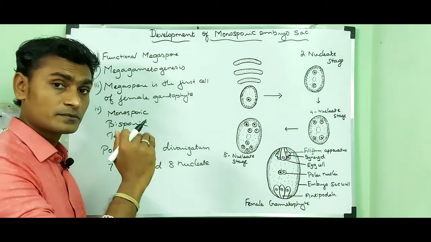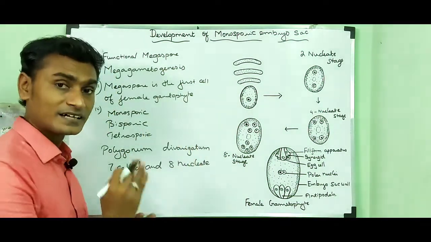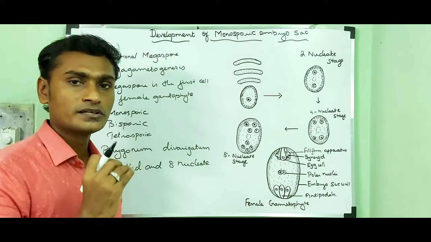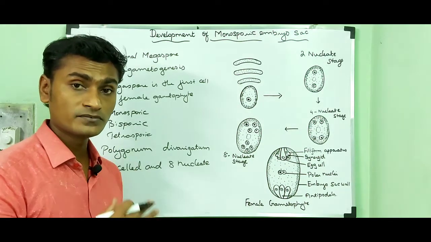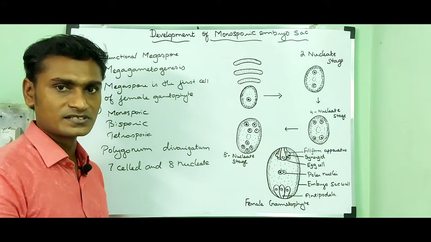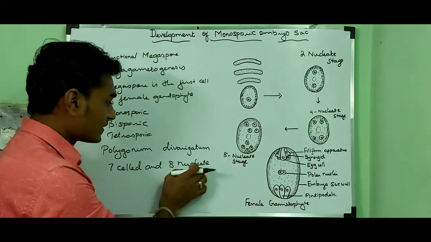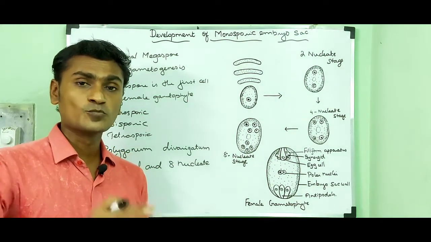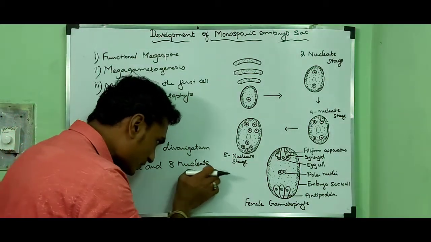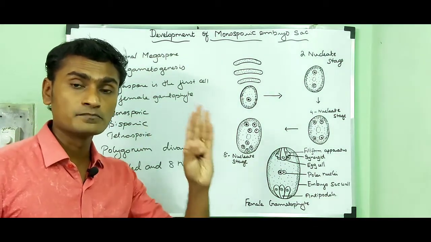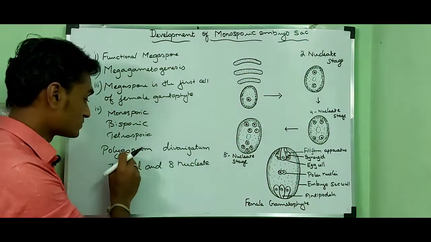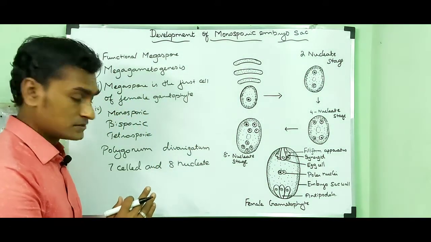The 7-celled, 8-nucleate embryo sac is the most common type of embryo sac in angiosperms.